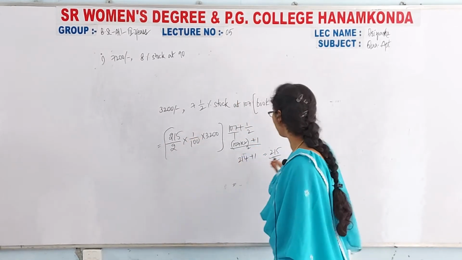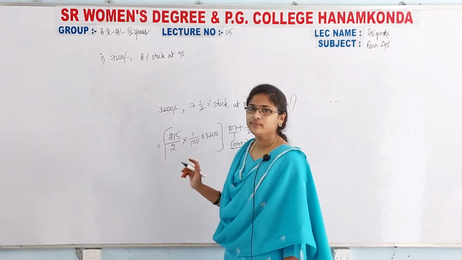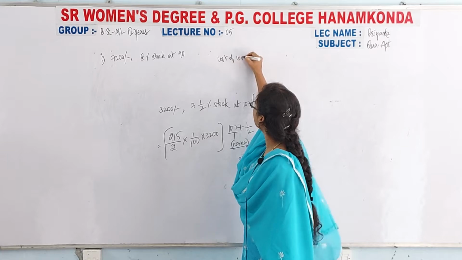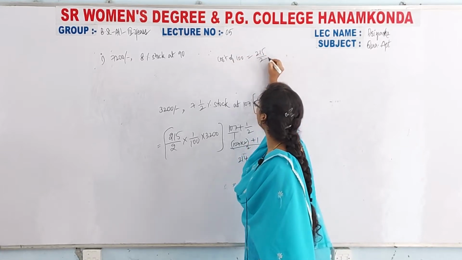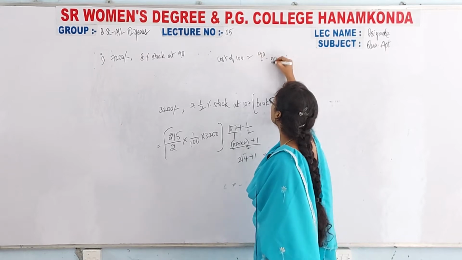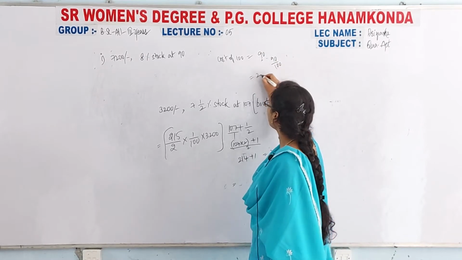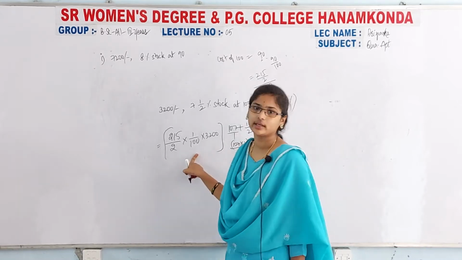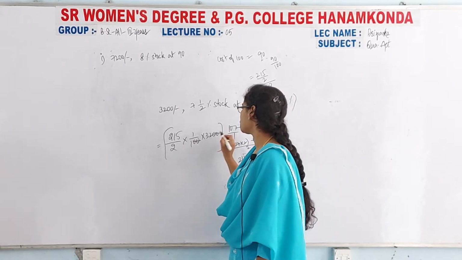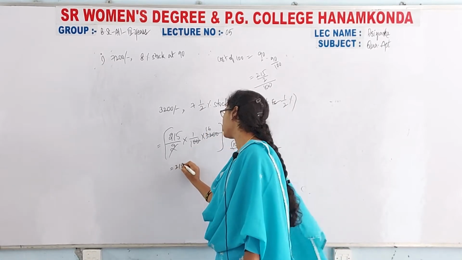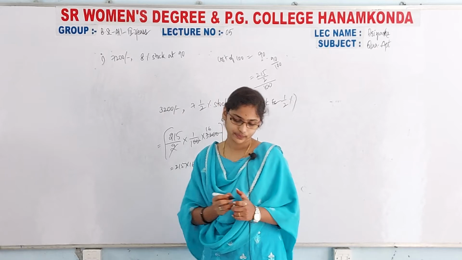The cost of 100 rupees stock is equal to 215 by 2. For the previous one we had 90, so for that we considered 90 by 100. So here the amount is 215 by 2, so by 100 I have to take, instead of that I am taking 1 by 100. Okay, 2 zeros get cancelled. So just calculate 215 into 16.